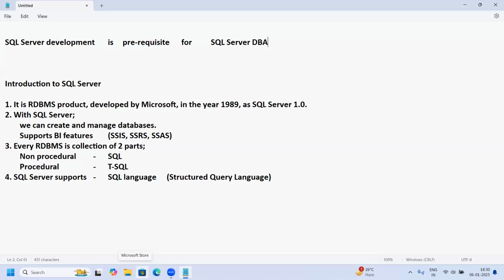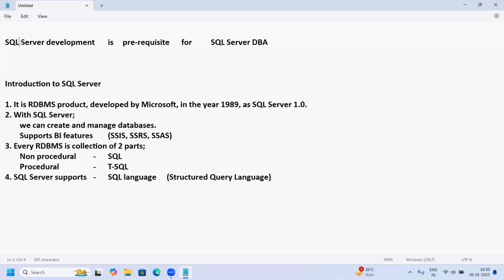That is the reason, to learn or to understand this administration part, we are just coming up with a few introductory points of SQL Server. I'm not going to talk anything about development. Development content is completely different from DBA. No comparison at all.